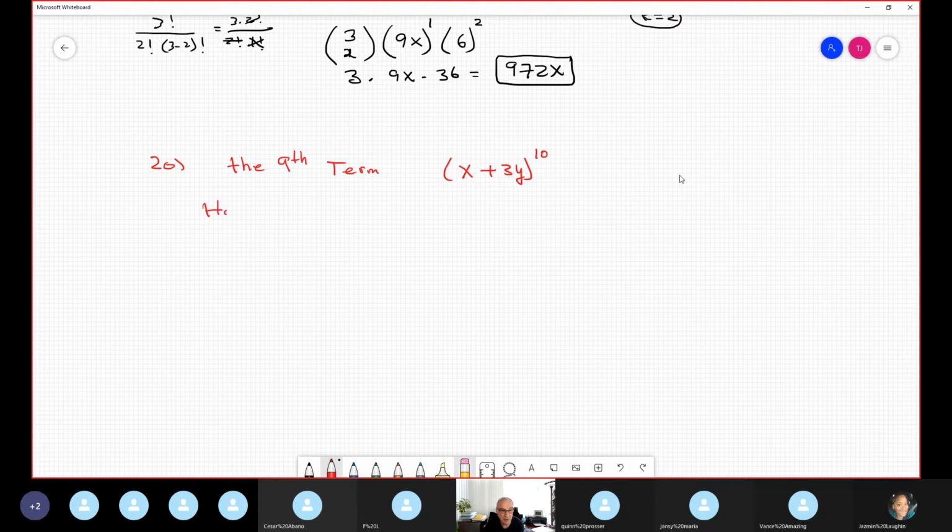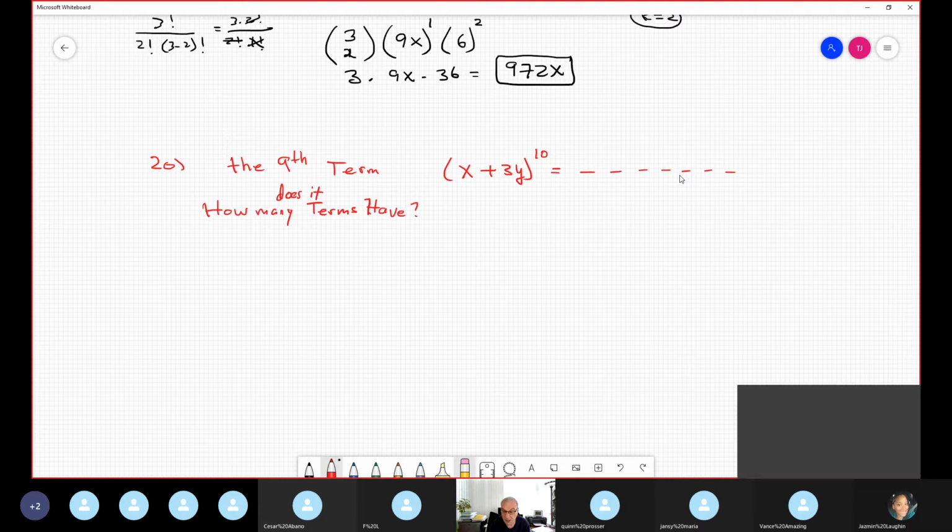Suppose you expand everything, how many does it have? 11.